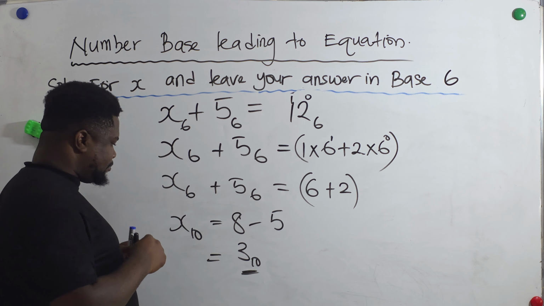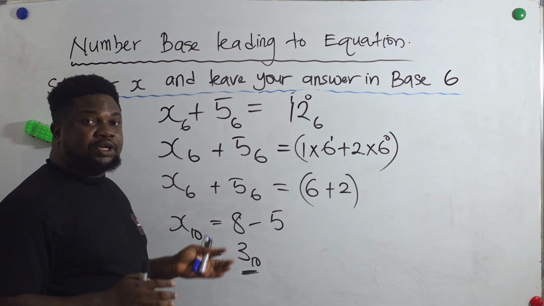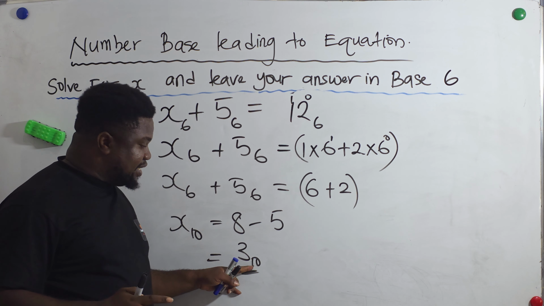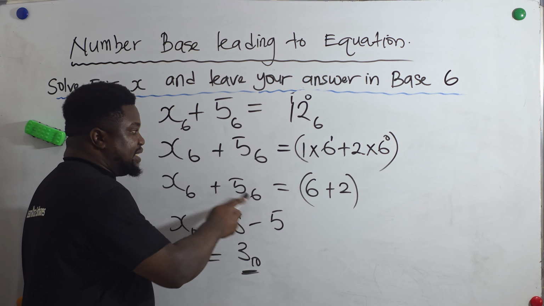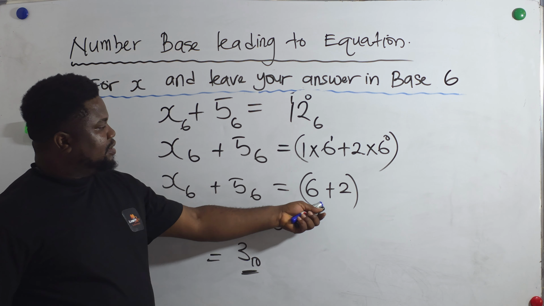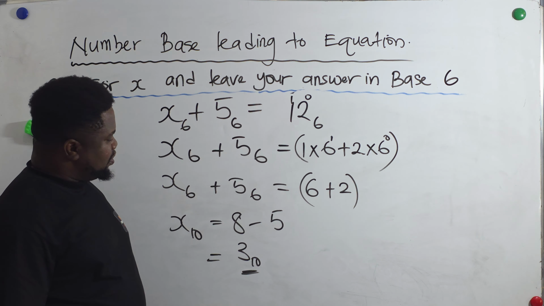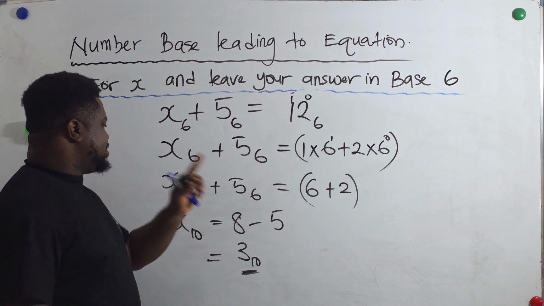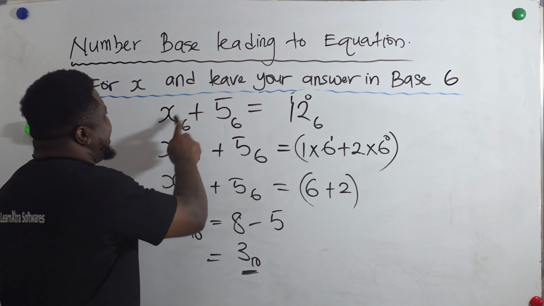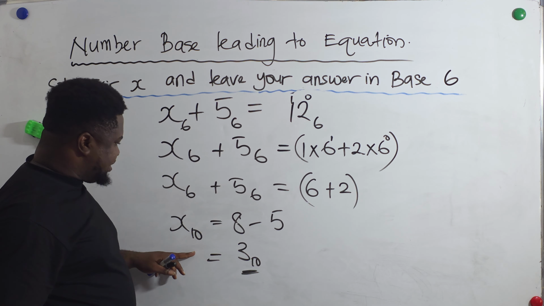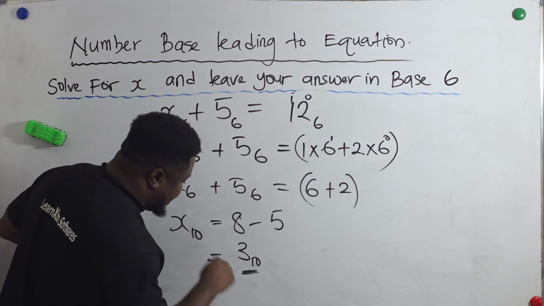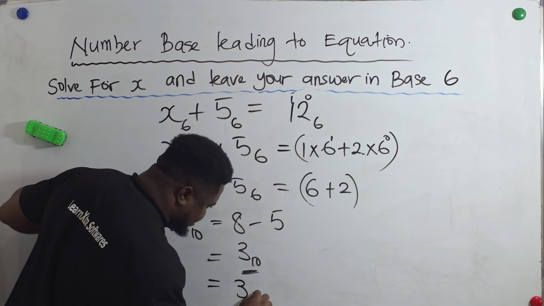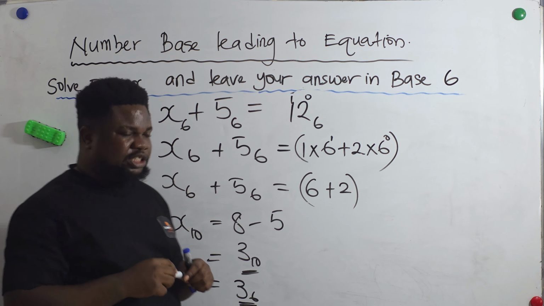Answer. In base 6, 3 in base 10 is also 3 in base 6. 5 in base 6 and 5 in base 10 are the same. Base 10 gives us 8 minus 5, and that's 3. So something like this will have x is 3 in base 10 or 3 in base 6. That'll be all for now.